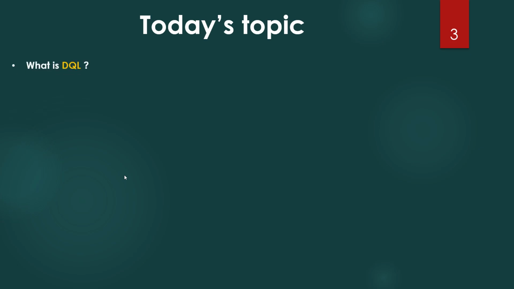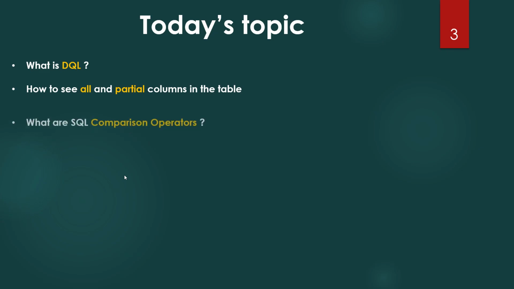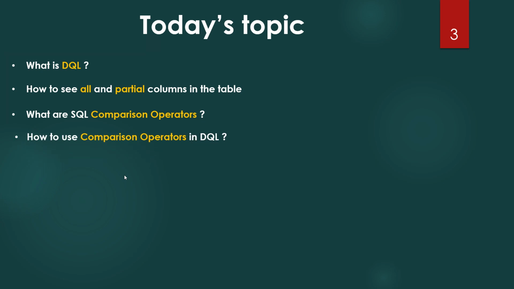Today, I'll be teaching you what DQL is, how to see all or partial columns in a table, what SQL comparison operators are, and how to use comparison operators in DQL. If you see, they are very connected.